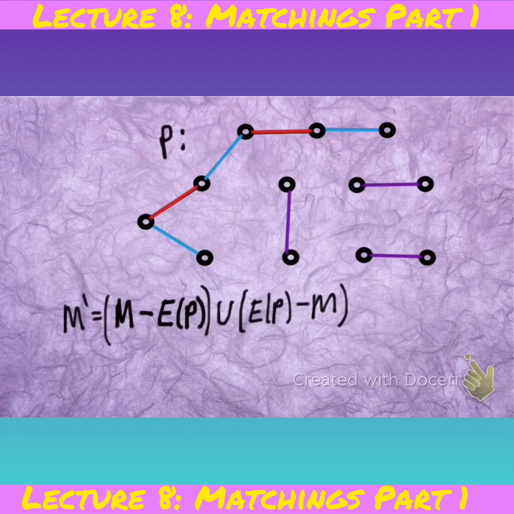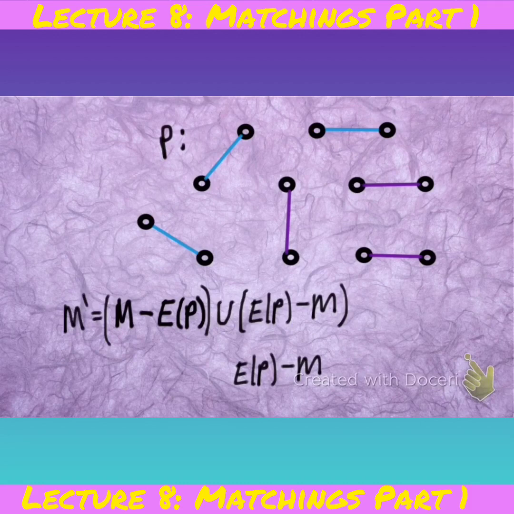Now M prime is going to be the set of purple edges. So let's look at that set there. It's the edges of the path that I'm going to take, and I'm going to subtract from that the red edges. So you're basically going to subtract that edge, and that edge.